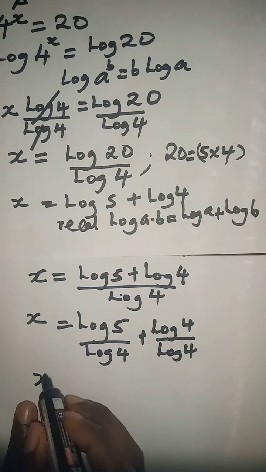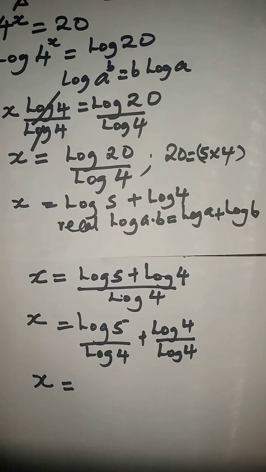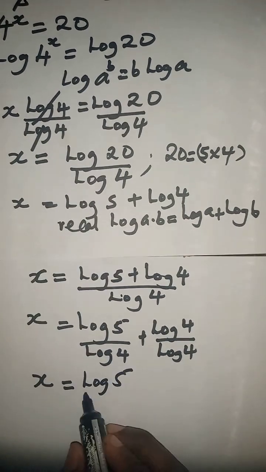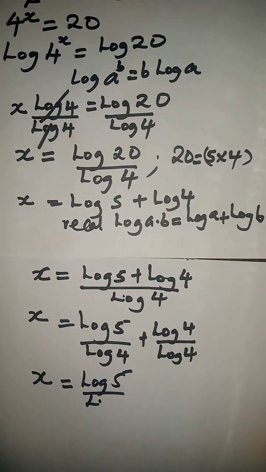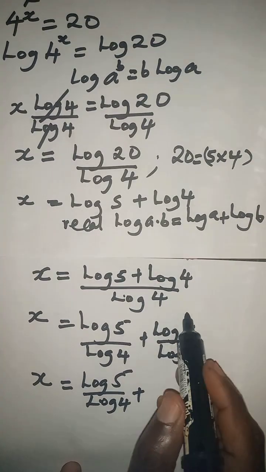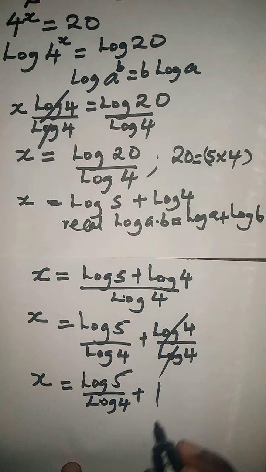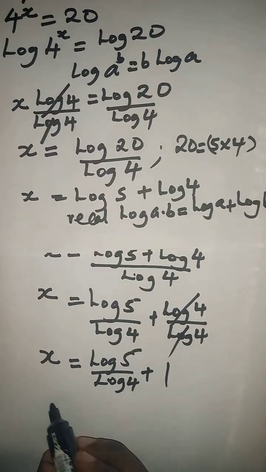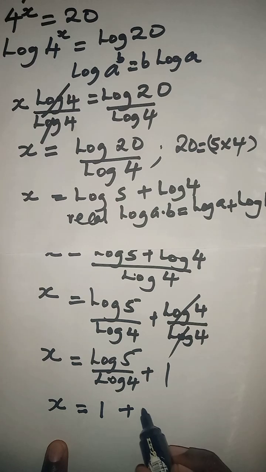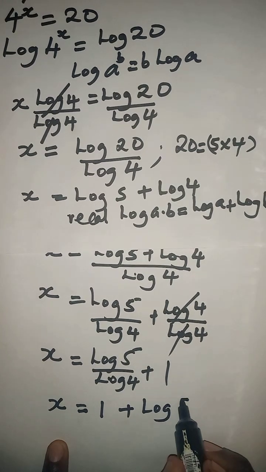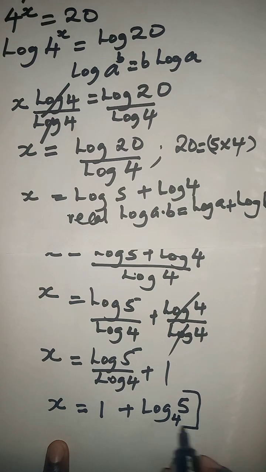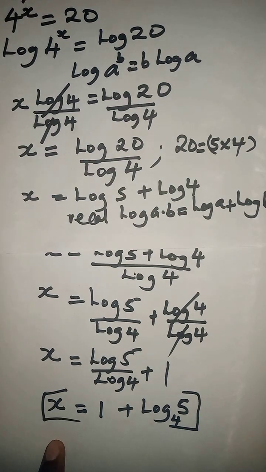Of course, when I cancel like that, I'm going to get 1, meaning that the value of x is equal to 1 plus the log of 5 base 4.